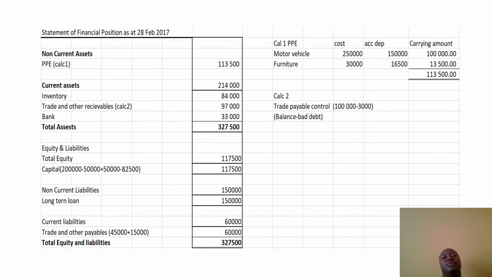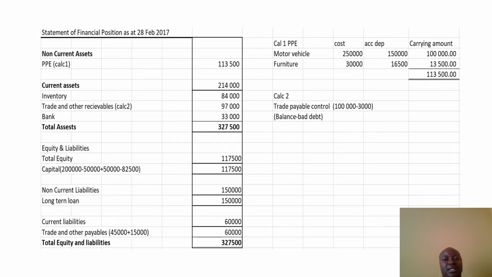And then from there you go to current assets. We have inventory. We are given our closing inventory that we calculated there, which was 84,000, and then we have trade and other receivables. Remember, in the trade and other receivables, we had that 3,000 credit loss that we included in our statement of comprehensive income.